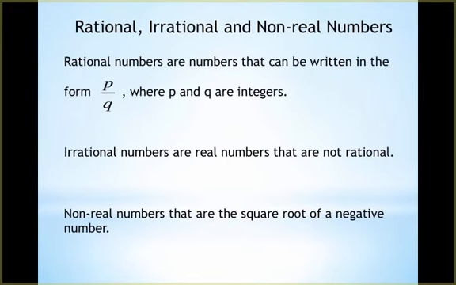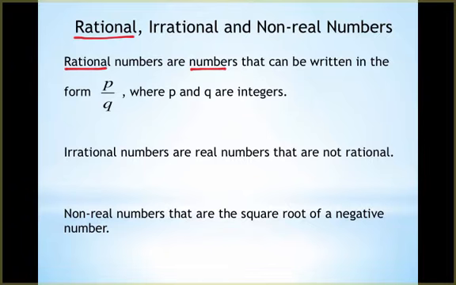Now we're going to talk about some terms describing the types of answers that we get when we work with radicals. We can discuss having what we call a rational number for a solution. A rational number is a number that can be written in the form of P over Q, where P and Q are integers. So if I can write my number as a fraction, then it is a rational number.